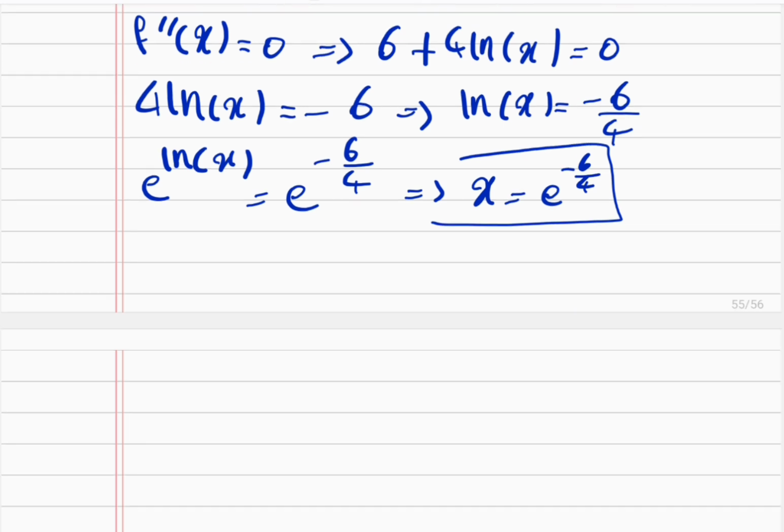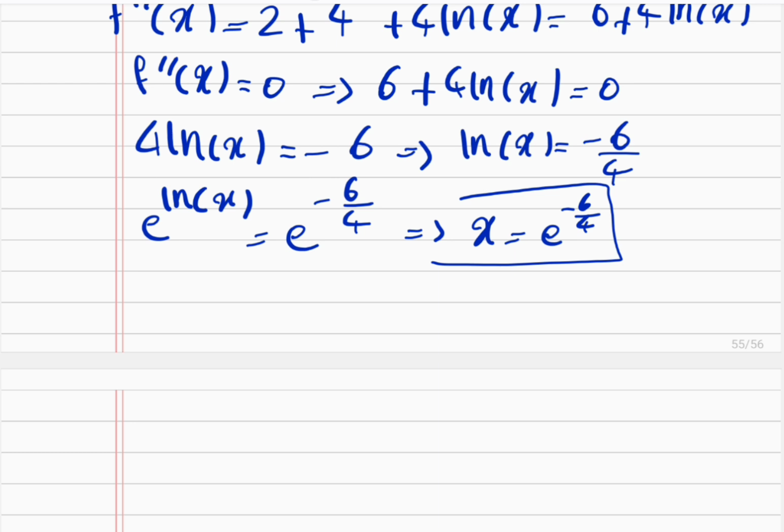So this allows you to basically prove whether that's the point of inflection or not, because a point of inflection is a point where the curve changes from being concave to convex or vice versa. But it's not always the case, because there are cases where you get some x values as a result of solving f double dash equal to 0, but they are not points of inflection.